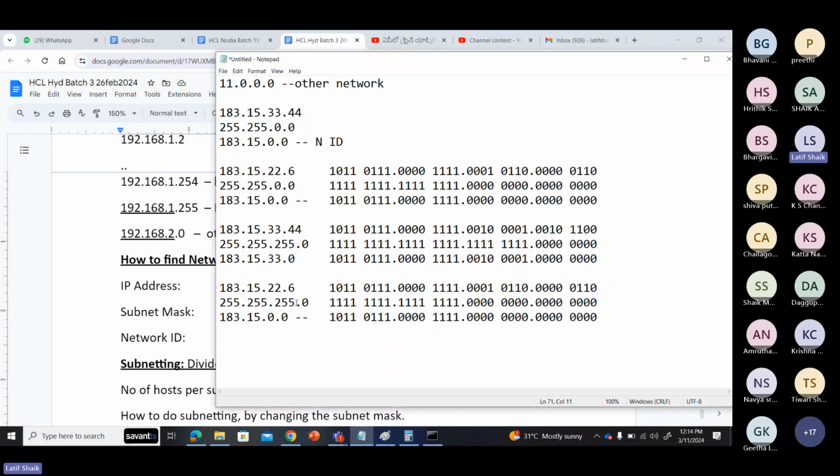Now again, I am with a different network ID. Again like this, the same calculation. Observe carefully. These are all the same. Only this part changes.